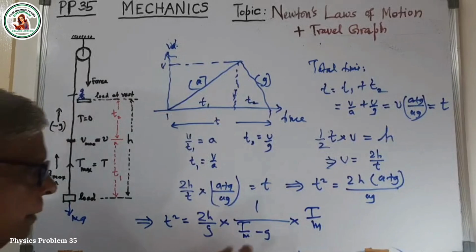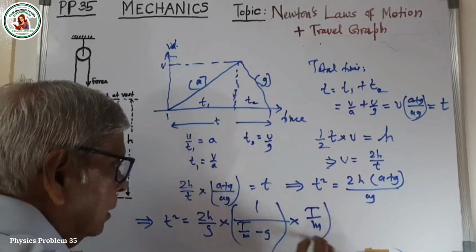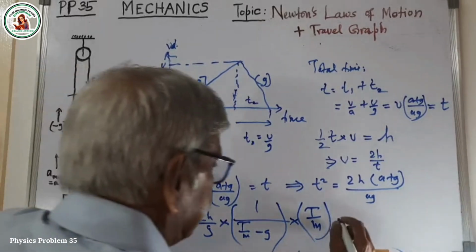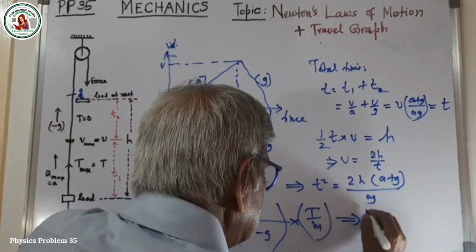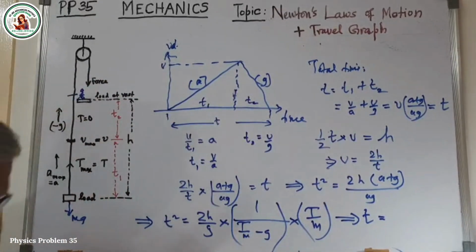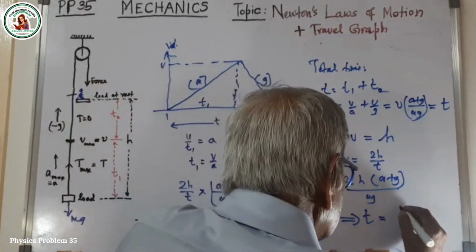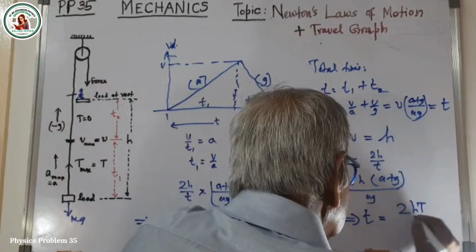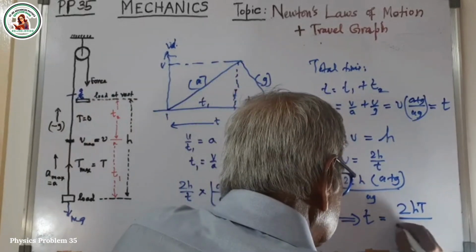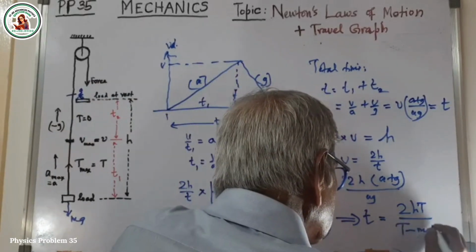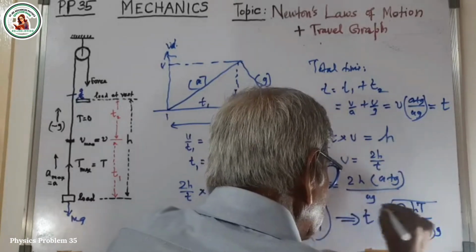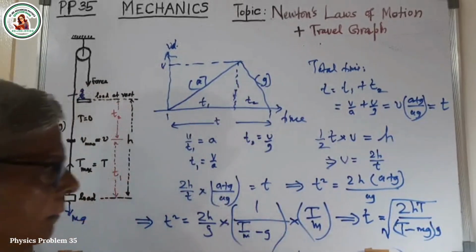Here capital T is tension, small t is the time. So the minimum time we want is given by the square root of 2hT by (T minus mg) times g. This is the answer that we are looking for.